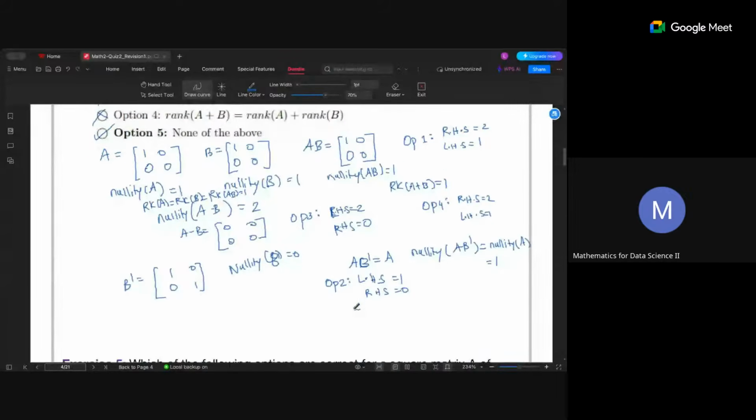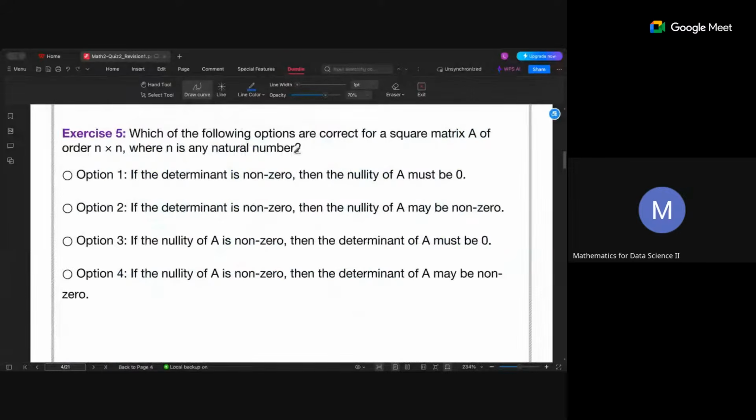Okay. So which of the following options are correct for a square matrix A of order n by n, where n is any natural number? If the determinant is non-zero, then the nullity of A must be 0. This is something I just wrote on the previous page. Is that correct? Yes, ma'am.